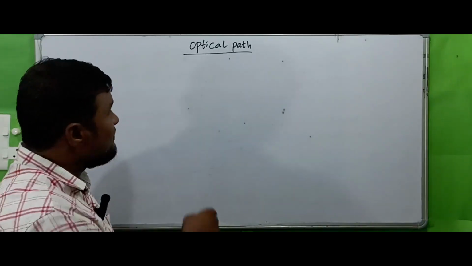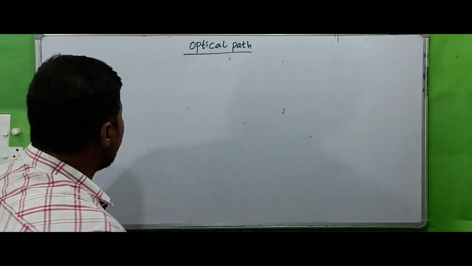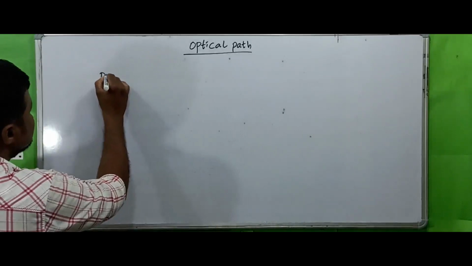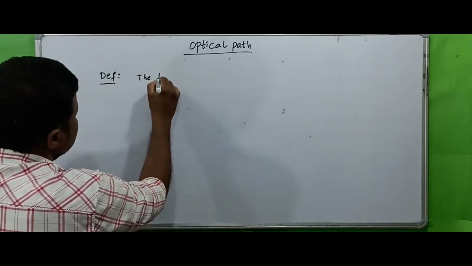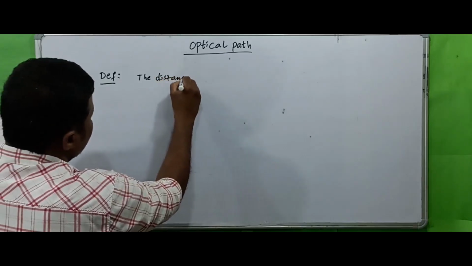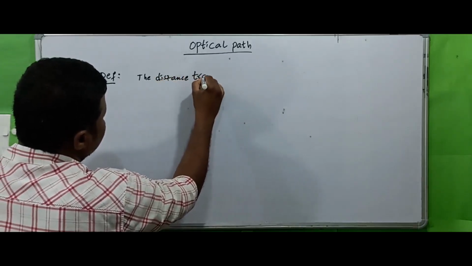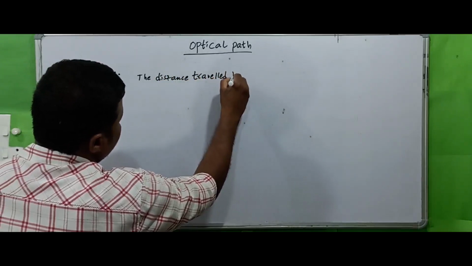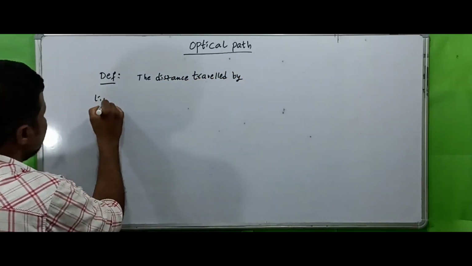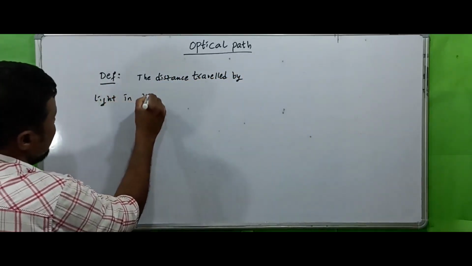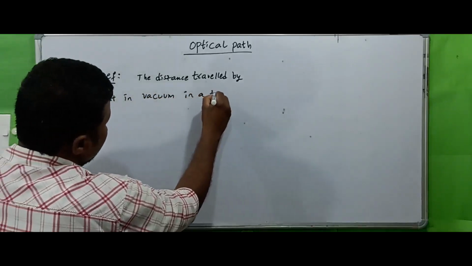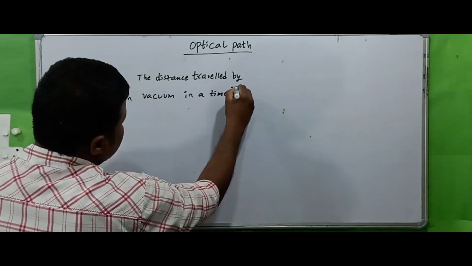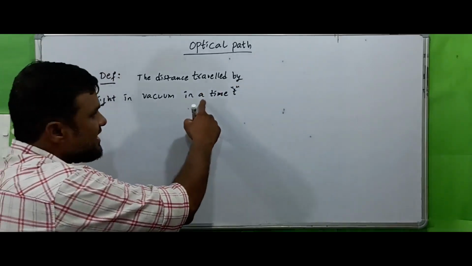Firstly, I will define what is optical path. Optical path can be defined as the distance traveled by light in vacuum in a time t.